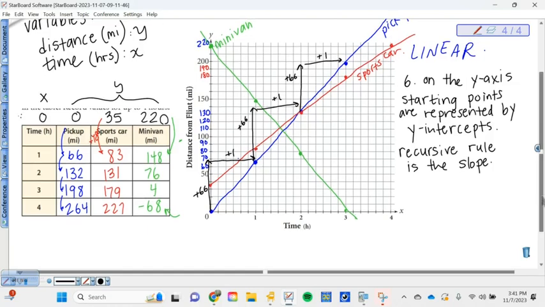Good. Okay. And so number 7, step 7, I labeled it right there. But how would we know that that green line is the minivan? It's decreasing. It's the only one that's decreasing, right? It's the only one that has a negative slope. It's because it's going in the opposite direction.